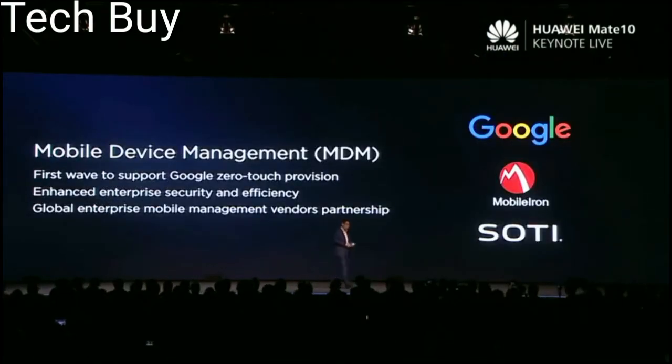You know, today more and more people are using the smartphone not only for life, but also for work. Your email, your home, your work, your office, your enterprise applications, you need more security, more safety. So we need to support MDM, mobile device management.